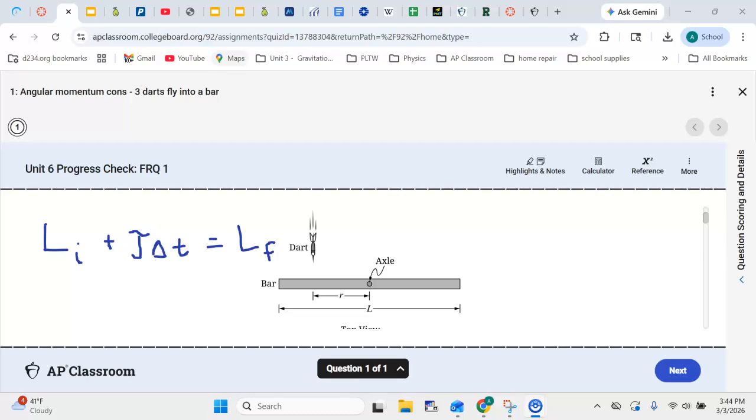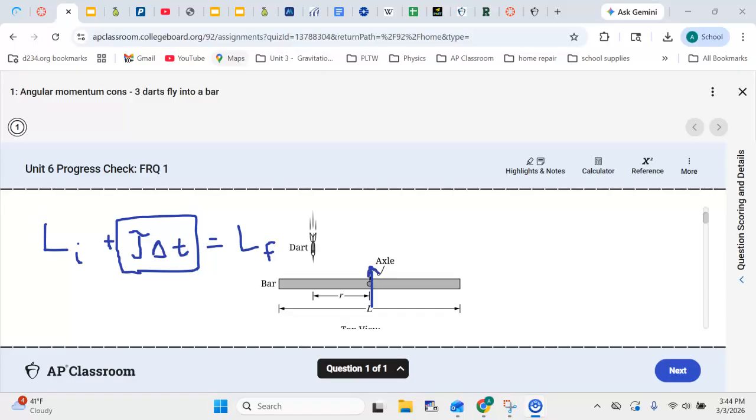The question is, is there an external torque acting on the system before and after this crash? Well, there's an external force provided by the axle. When the dart hits, the axle would prevent the dart bar system from moving downward by providing an upward force, the force of the axle right here.